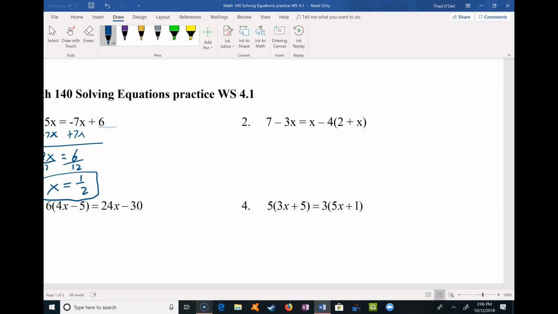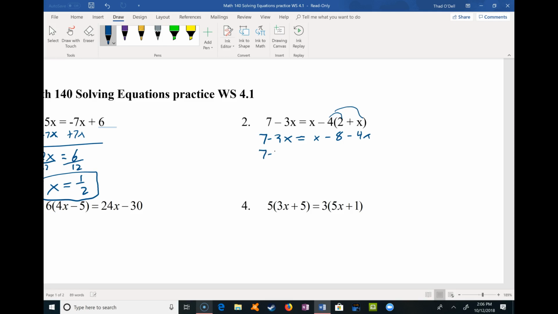Okay, so moving right along, number 2, same idea. Notice we have x on both sides of the equation. I'm not going to be able to touch this side yet. The other side, I'm going to simplify it, which we're good at now because we've been working on that quite a bit. So that would be x minus 8 minus 4x. I distributed the negative 4 through.